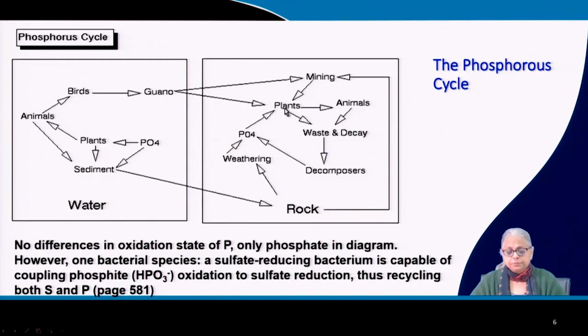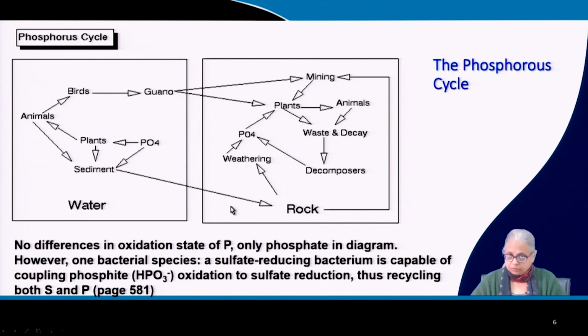This phosphorus is taken up by plants, and these plants are eaten by animals. Both types of biomass are going to die and decompose, and the decomposing organisms, which include bacteria, fungi and so on, will bring organic phosphate back into soluble form, and some of it will end up in the rocks.